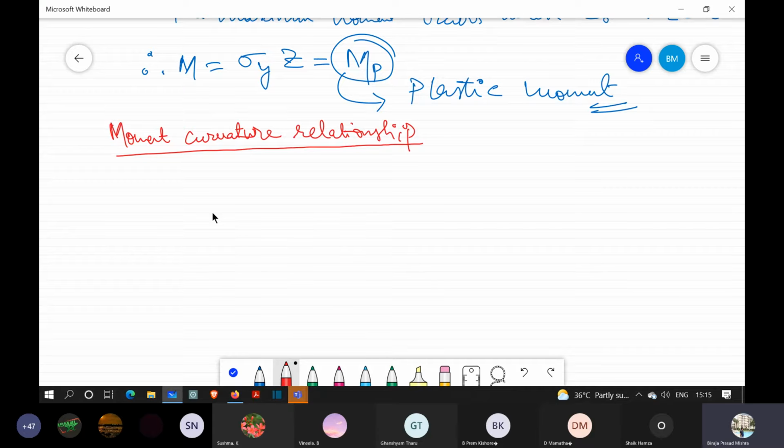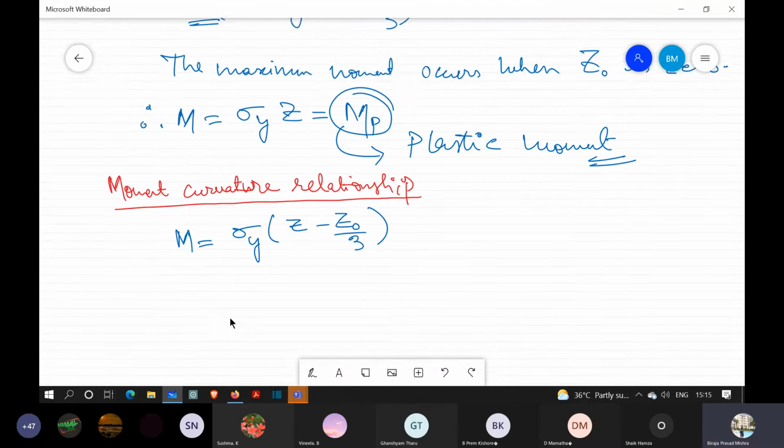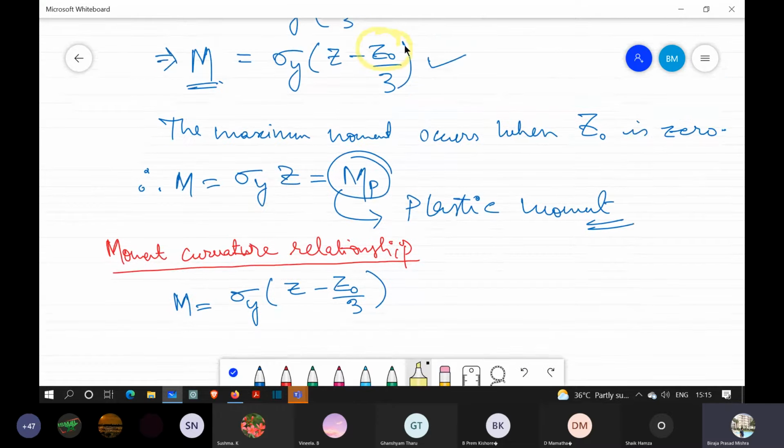We already know that the moment is given by M equals sigma y into (Z minus Z0 divided by 3). This we have already derived. Now we need to put in the value of Z0.